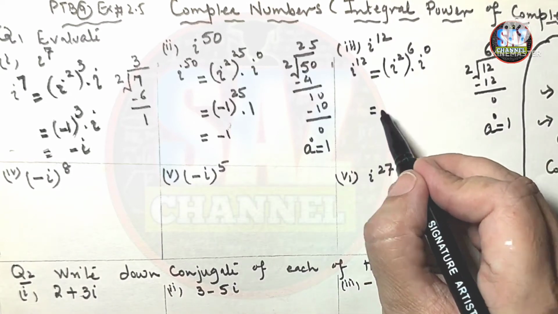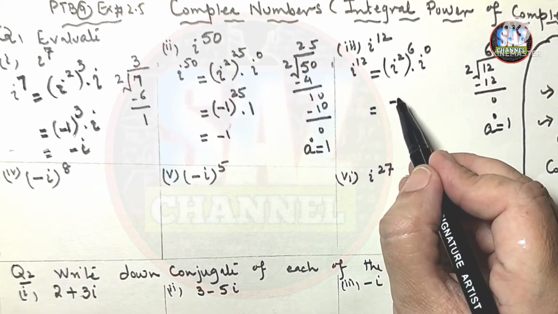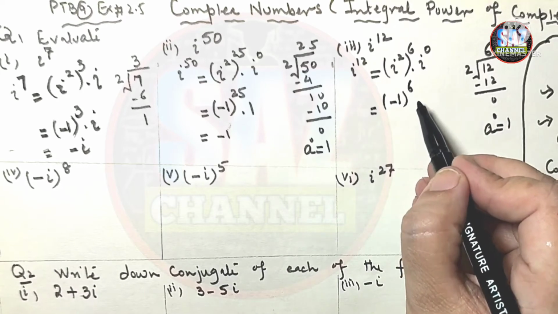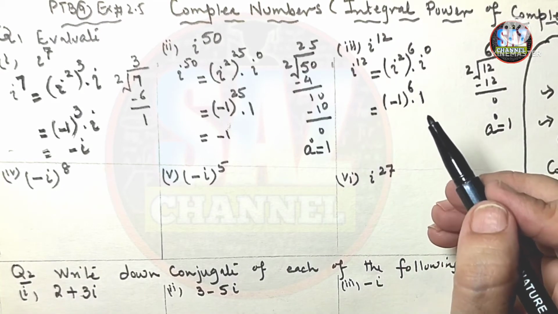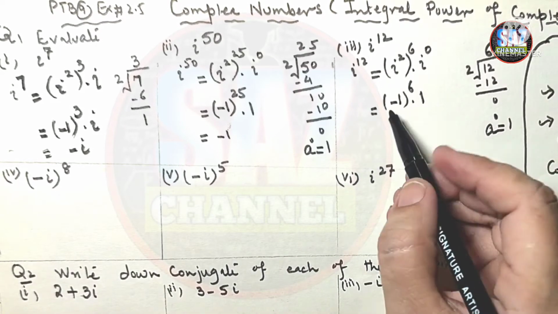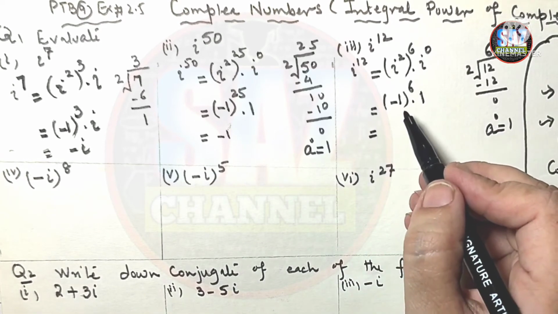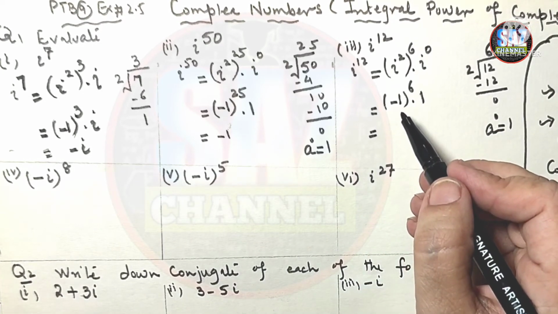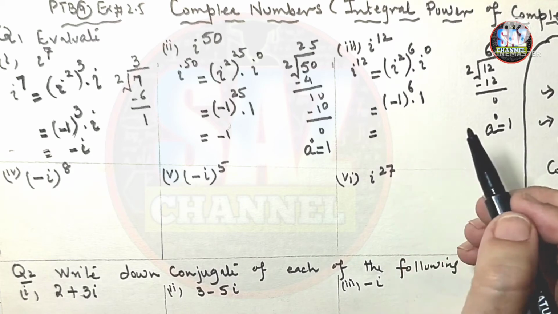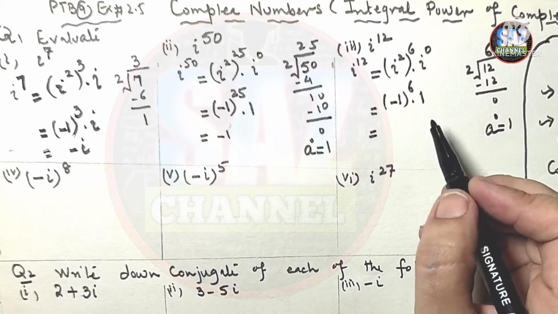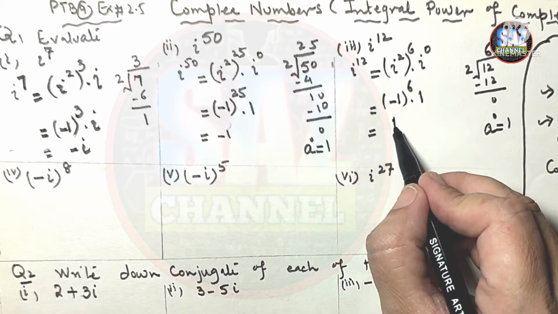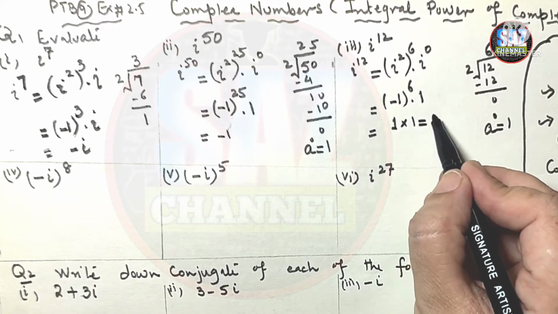Now iota square gives you -1 raised to power 6, dot stands for multiplication, that is 1. Now an even power of minus 1 will give me a positive answer. So this will be 1 multiplied by 1, which is equal to 1.